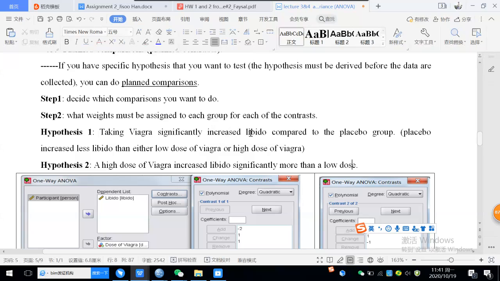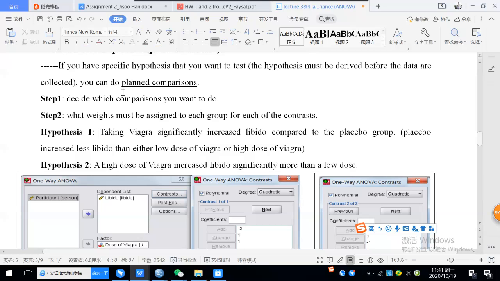Okay, and yes, let's analyze. In this group is high dose of Viagra. This group is the low dose of Viagra. Placebo does not attend the comparison, right? Since here we can't see the placebo. So when we add the coefficients, the placebo coefficient is 0.